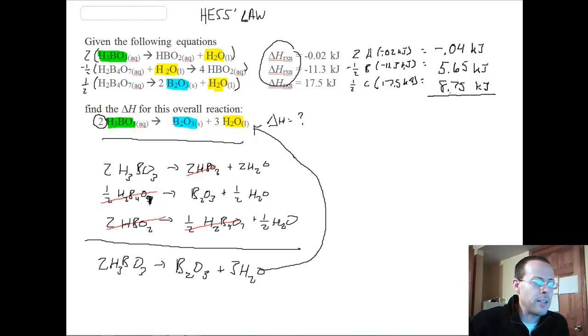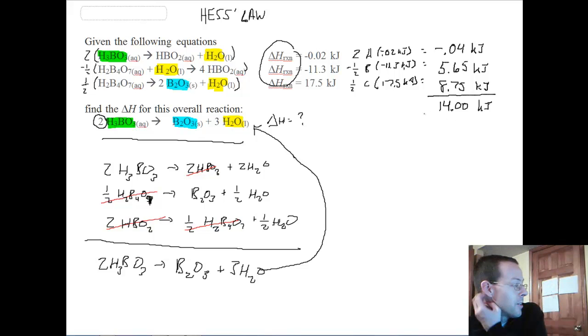And then I'm going to simply add all these up. So that's really a negative, but my other two are positives. And when we add all this up, we get 14.00 kilojoules.